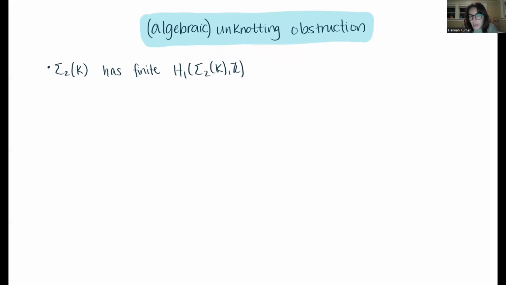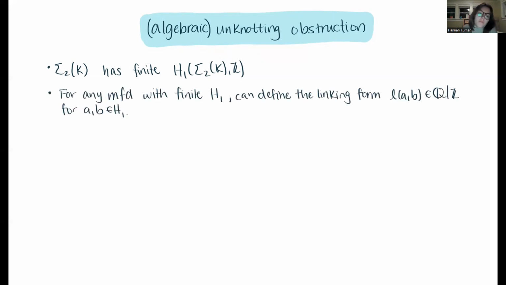The setup that we need is to consider the double branch cover of a knot. This is some 3-manifold constructed from our knot, which has finite first homology. So that'll be important. Whenever we're in this situation, you can define what's called the linking form on first homology. This is a pairing that gives you a fraction which we consider mod 1.